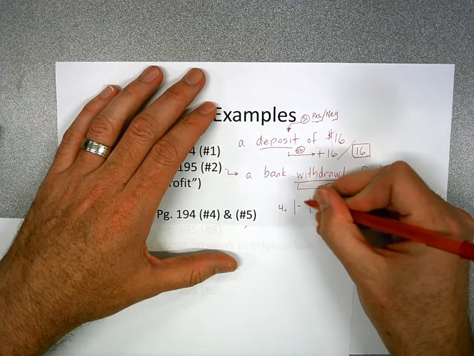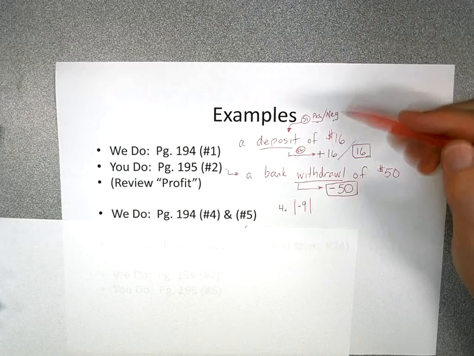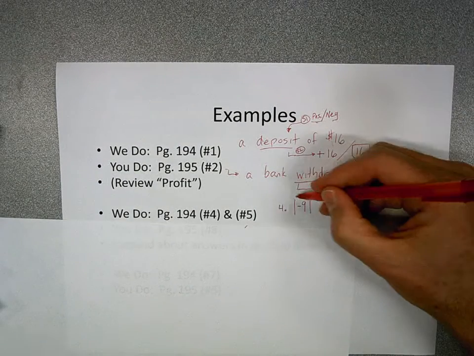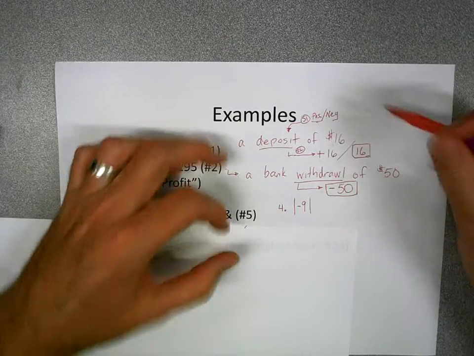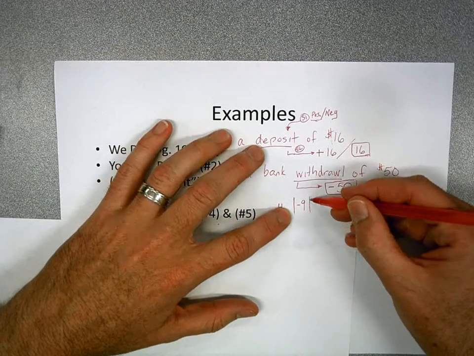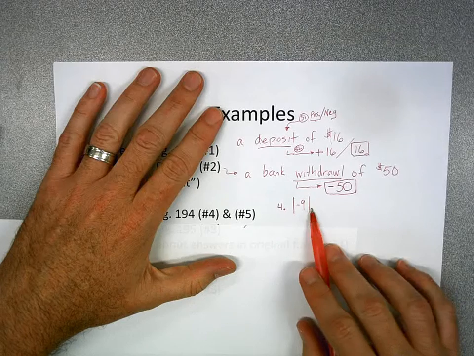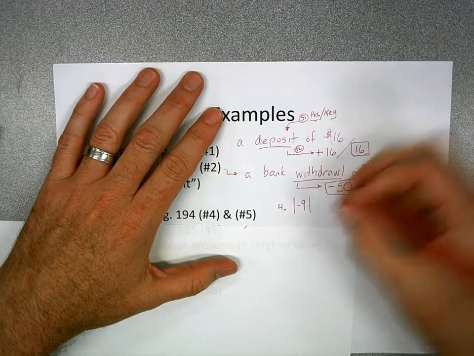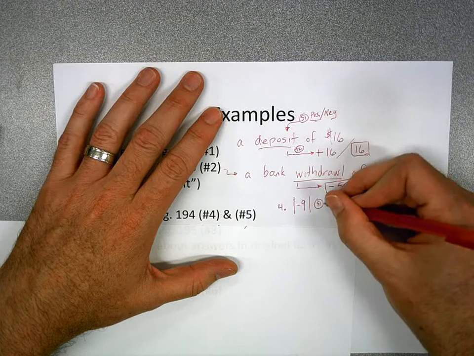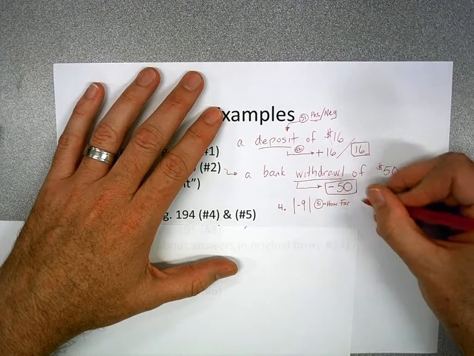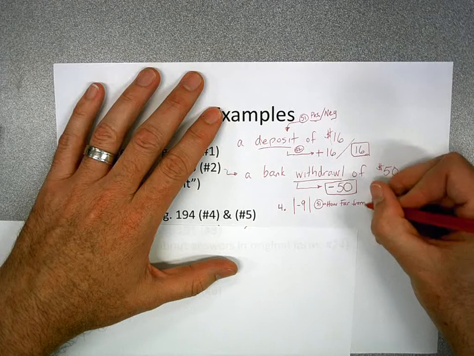We have something that looks like this. Those are not parentheses. Every once in a while you'll treat them like parentheses, where you have to simplify things inside of them, but in this case that's not the situation. So this is saying, how far is negative 9 from 0? That is pretty much step 1. You're asking yourself, how far is it from 0?